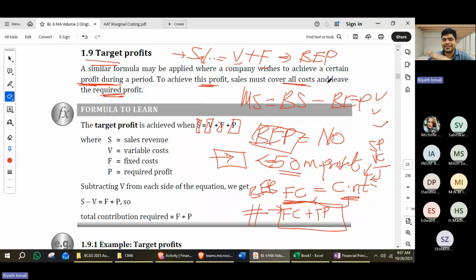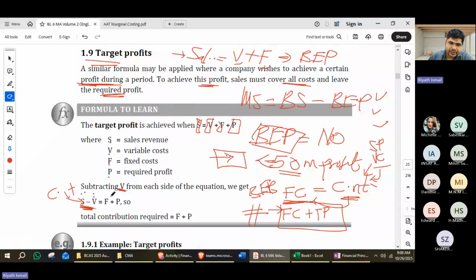In other words, here S means sales, V means variable cost, F means fixed cost, plus required profit. Here we subtract V, the variable cost, from each side. When we deduct variable cost from sales, we get contribution.